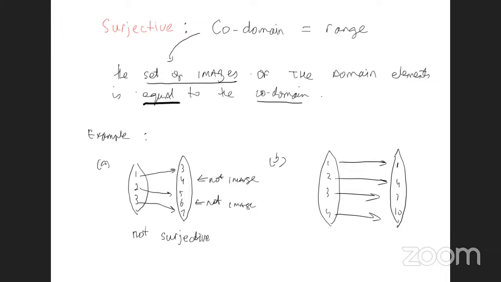If I were to try to find an X value for 4, it doesn't exist. If I were to find an X value for 6, it doesn't exist. So by doing that, I could show that the function is not surjective. So notice X values of 4 and 6 do not exist.